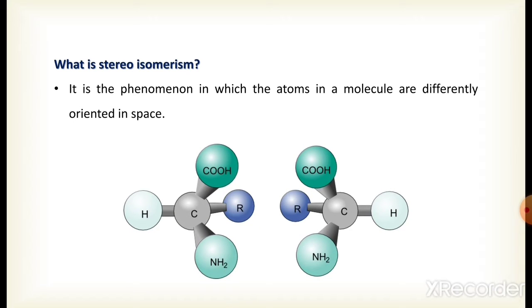In this figure we can see that four different atoms or molecules are attached to a centrally placed carbon atom. In both the figures you can easily identify that the orientation of atoms attached to the centrally placed carbon atom is different. So this concept is known as stereoisomerism.